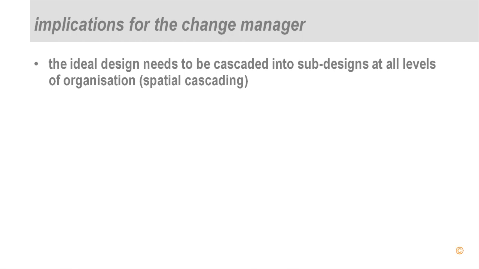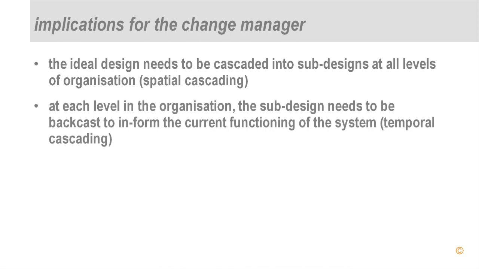In other words, once a design has been made, it needs to be cascaded, and then at each level these sub-designs need to be backcast through strategic planning, long-term, medium-term, short-term, into the current situation to change the current functioning of the system so that the system functions according to the ideal situation.